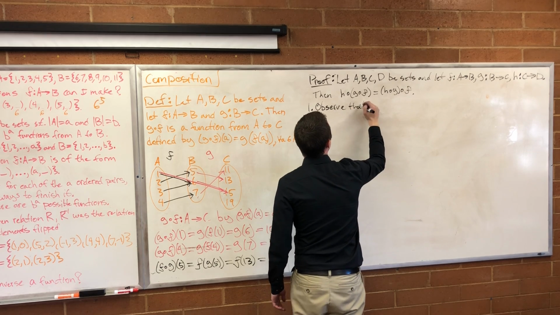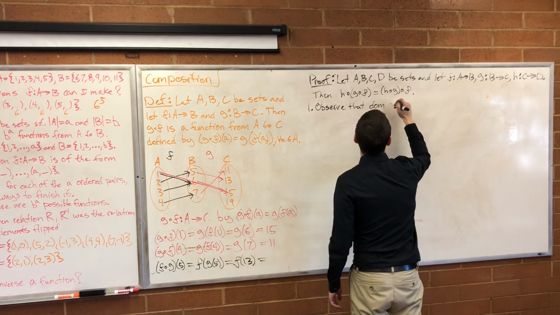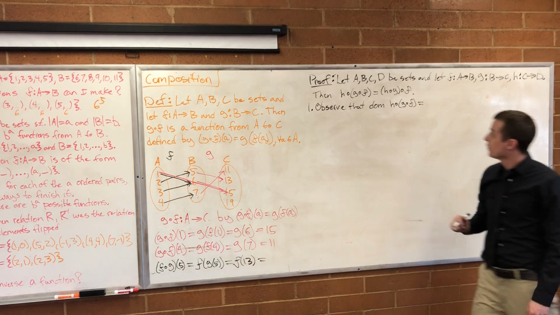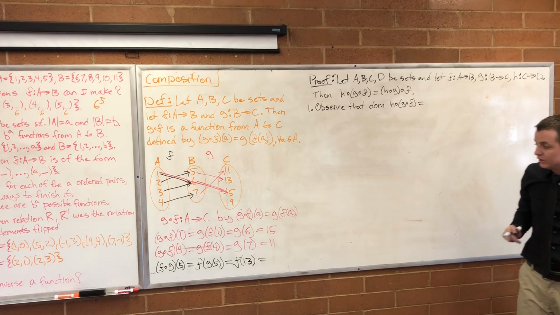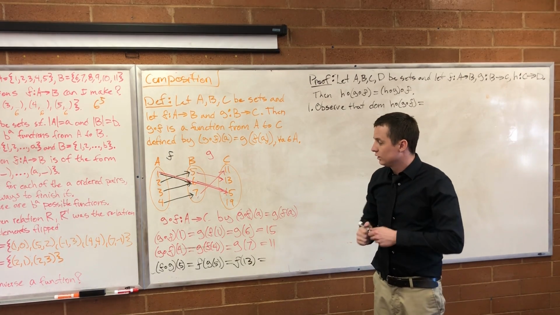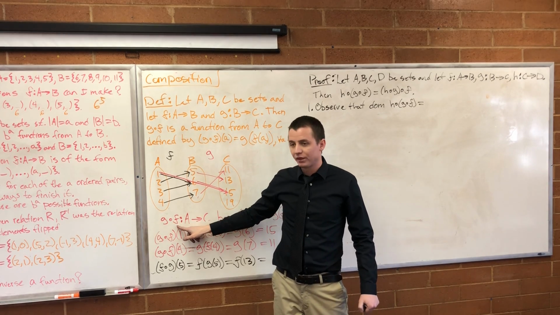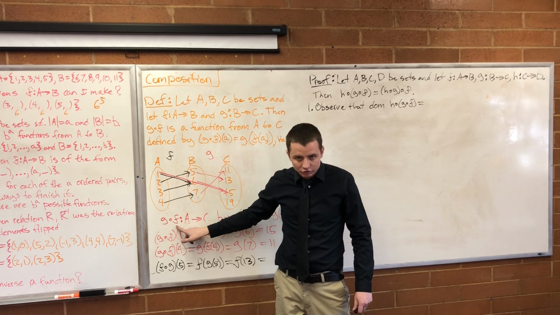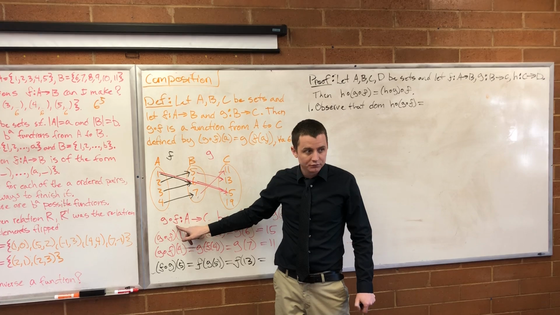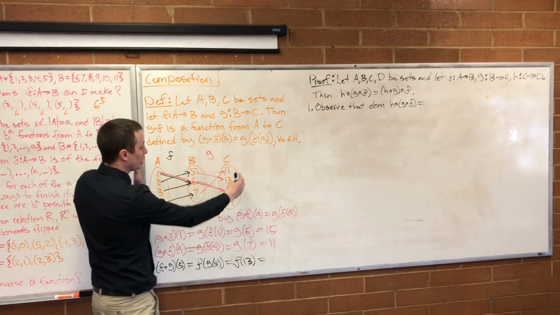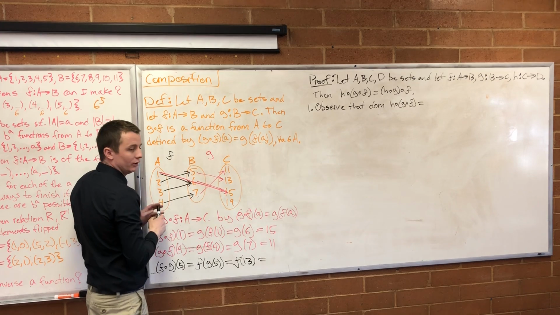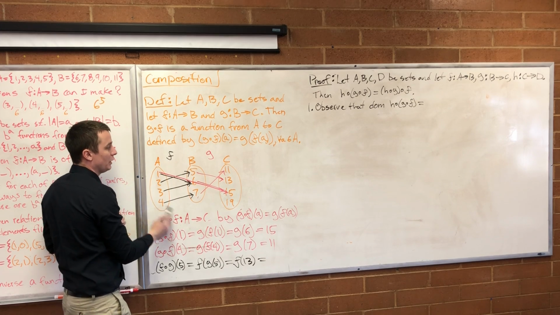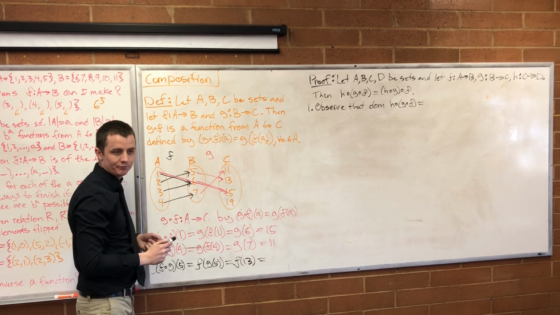So 1, observe that the domain of h composed with g composed with f is equal to... When you do function composition, what is the domain of your function? Where do you start? The domain of the composition is just the domain of the right-hand function. So when we're looking at g composed with f, it gets its domain from A, but its image from C. Does that make sense?